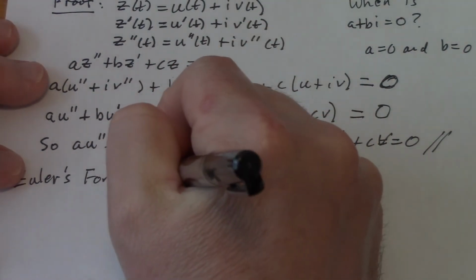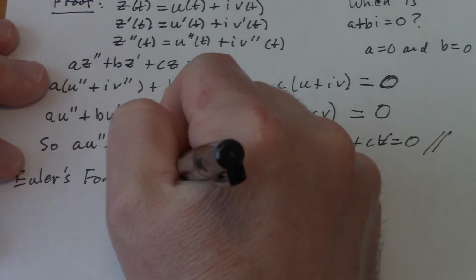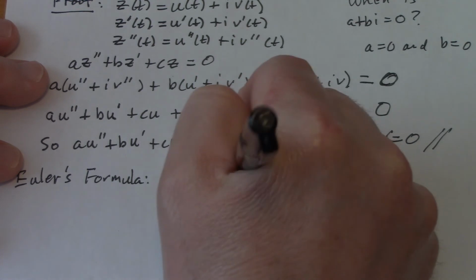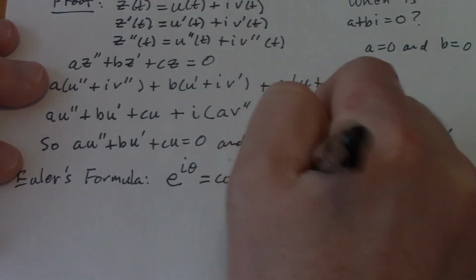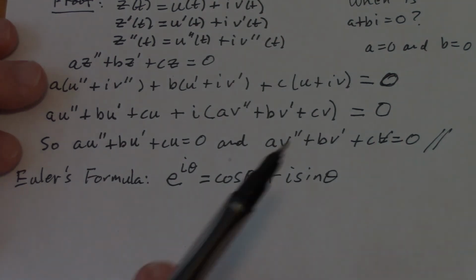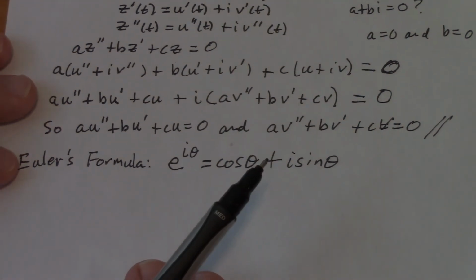So this is a way that ties in all those transcendental functions together. So e to the i theta is equal to cosine theta plus i sine theta. This is real easy to prove if you use the Maclaurin series for all three of these and just substitute things in. Just pops out right away. So it's like a 3-line proof. So I won't go through that, but we're just going to use that formula.